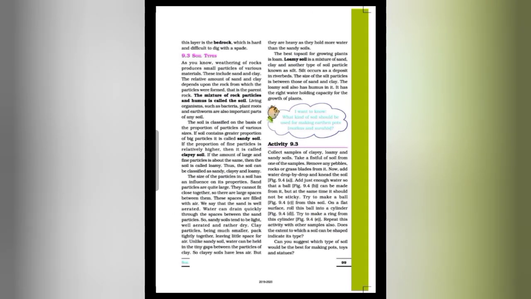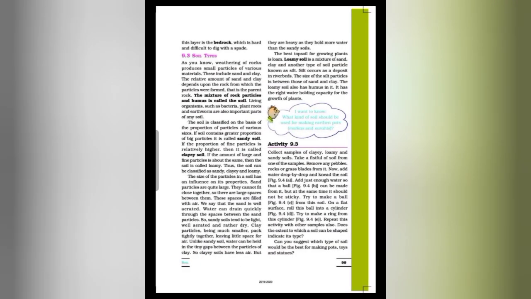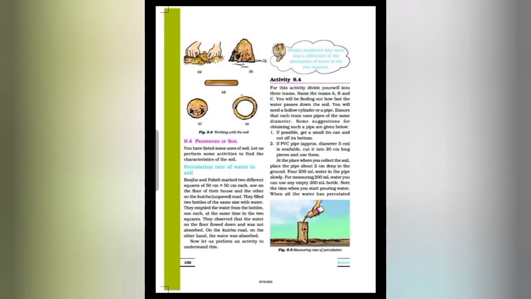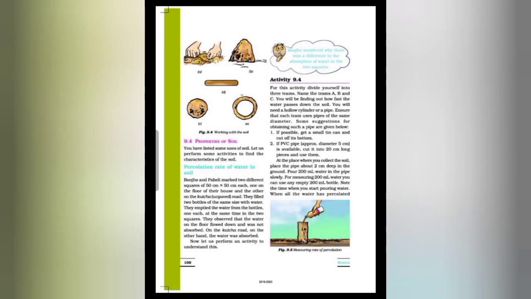After kneading, add just enough water so that a ball, as given in figure 9.4, can be made from it, but at the same time it should not be sticky. Try to make a ball, as given in figure 9.4c, from this soil. On a flat surface, roll this ball into a cylinder, as given in figure 9.4d.